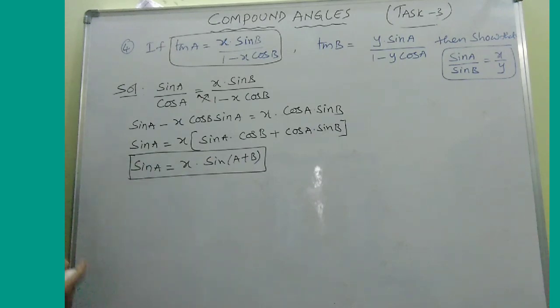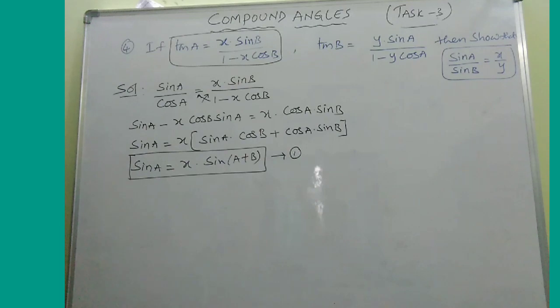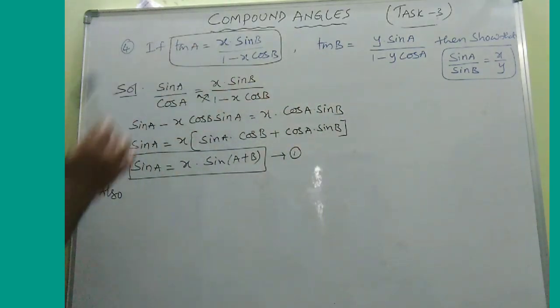Just keep it aside. If not, consider it as relation number 1. Also, we have one more relation, no? So do it in the same manner.